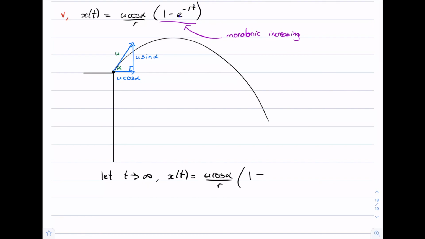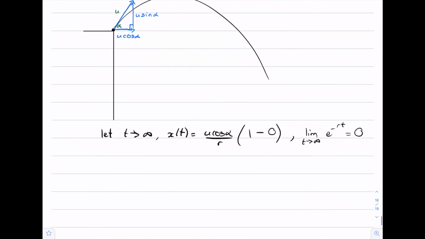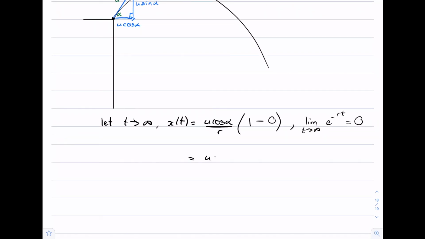This is e to the negative infinity, and e to the negative infinity is like 1 over e to the infinity, which is 1 over a massive number, which is going to be 0. So this becomes 0 here. Maybe you can justify that by saying that the limit as t approaches infinity of e to the negative rt is equal to 0. And so then, of course, this value is just u cos alpha over r.